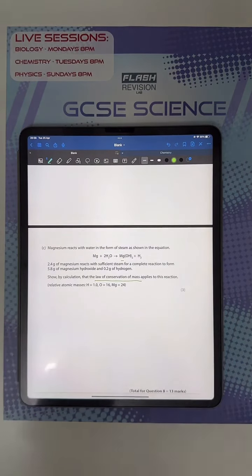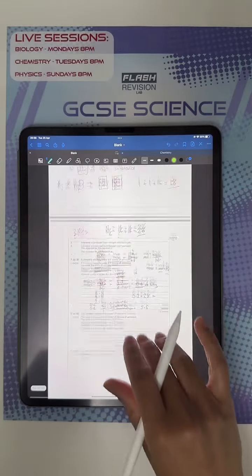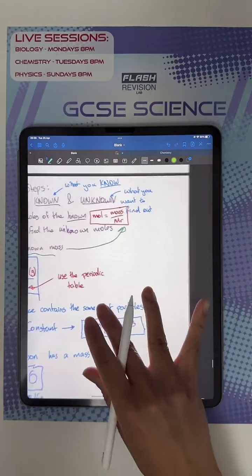What is the law of conservation of mass? Can anyone tell me? What does the conservation of mass tell us? Mass of the reactants is equal to the mass of the products. Yep, thank you, Oscar. Let's add this to our notes.